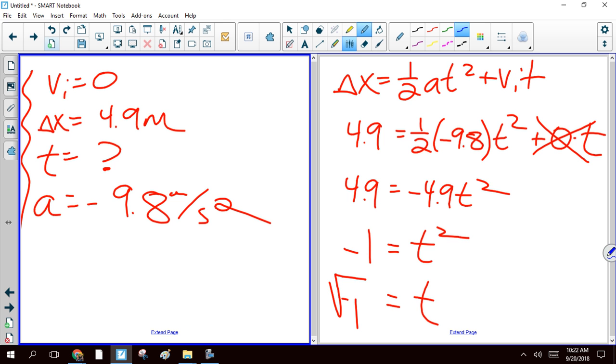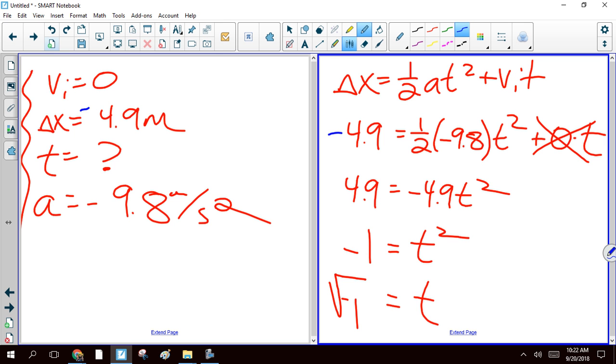So that displacement should have been negative, which means this is negative, which means that's positive, and we get t equals 1 second. Parts B through E are the same thing, except your displacement is different.